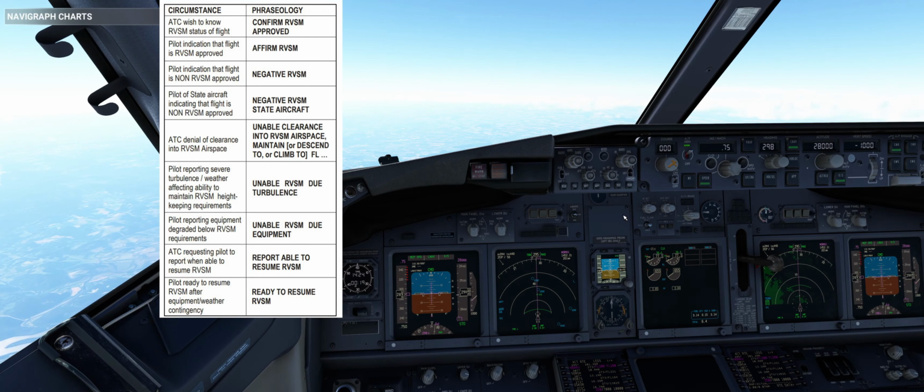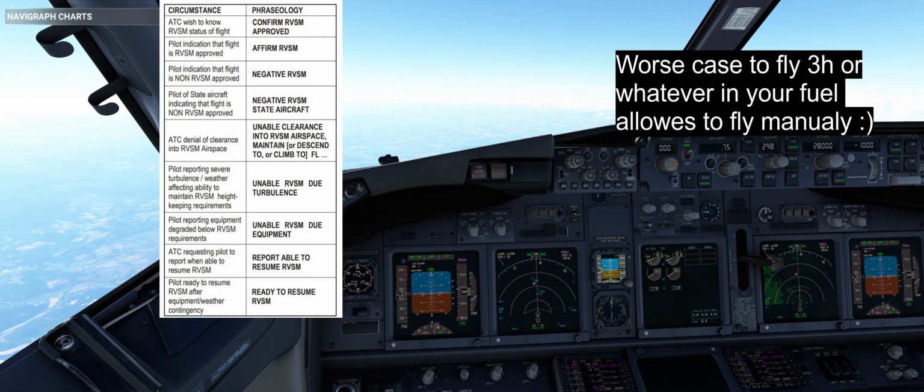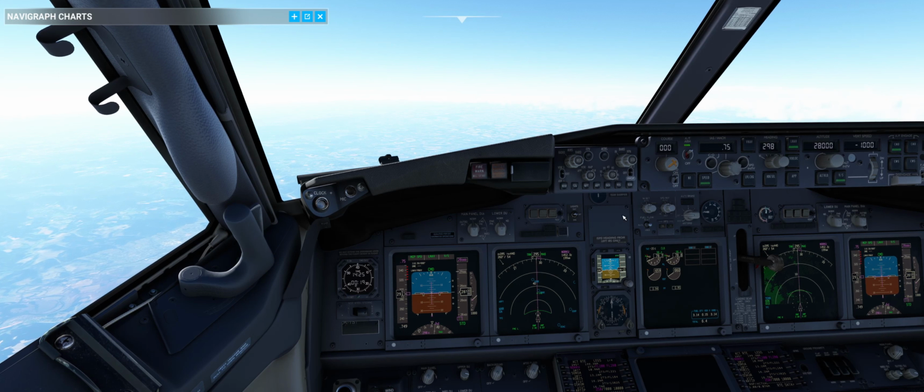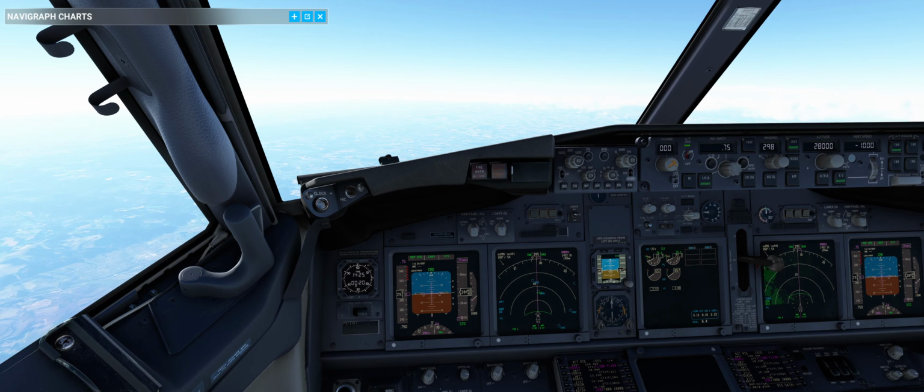And believe me, to fly the airplane manually without autopilot flight director systems for 3 hours, it's a really hard job, and you have to swap between pilot flying and pilot monitoring every 30 minutes because it's hard to keep the airplane altitude while you are cruising.